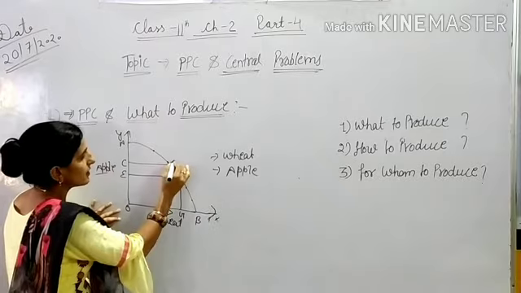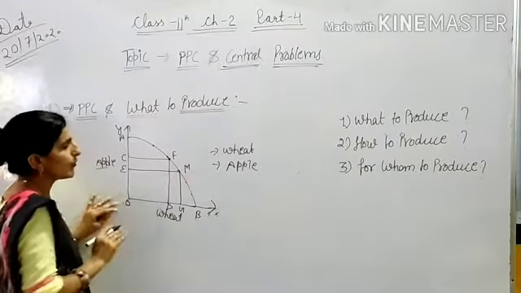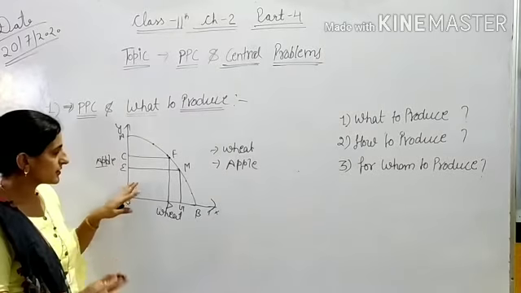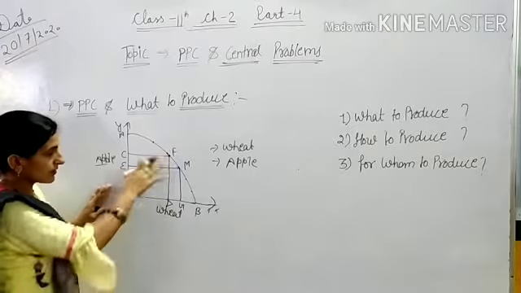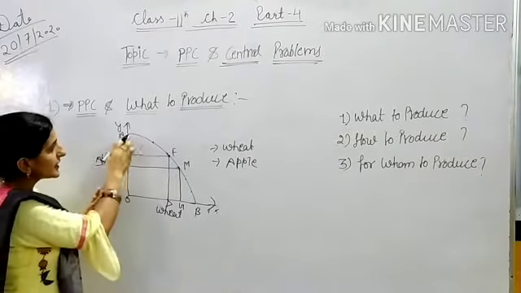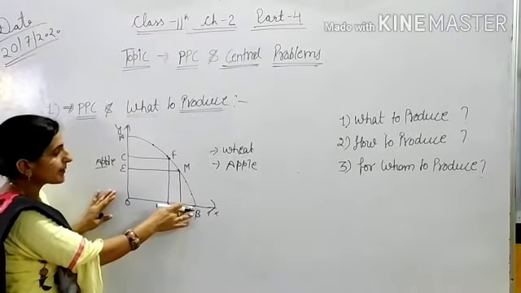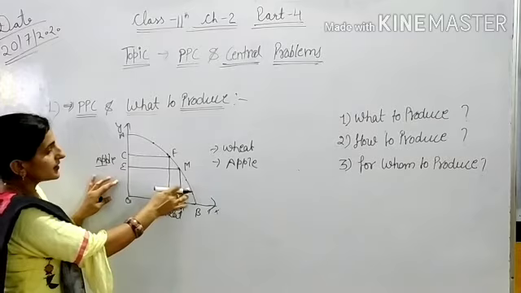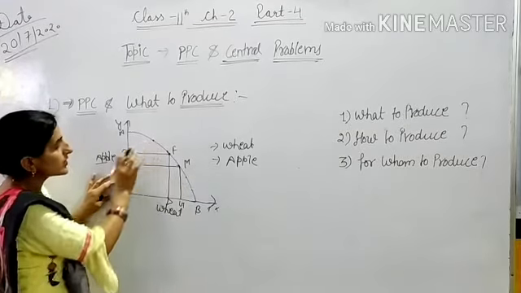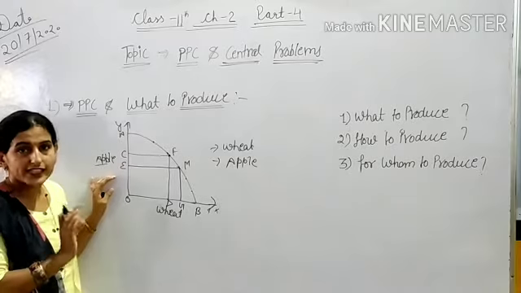Take this as F, M. Any point you can take, A, B, C, D, something. Main thing, you have to understand this diagram, that this is our AB PPC line. AB is the PPC, production possibility line. This line shows that a point on the line shows the efficient and full utilization of resources and technology.